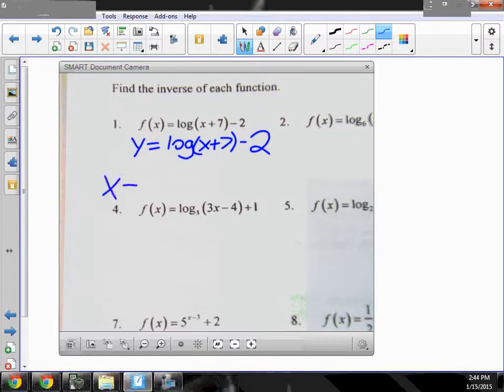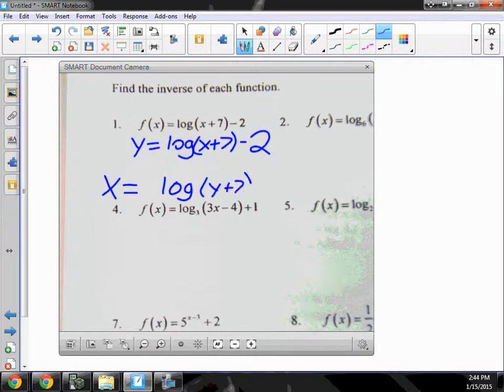So x equals log of y plus 7 minus 2. Now, what that has done is taken my logarithmic graph and reflected it across that 45-degree line and created an exponential graph.